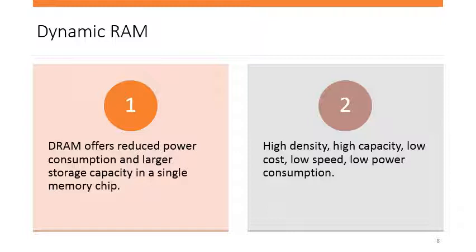With high capacity, low cost, low speed, and low power consumption, basically we are preferring the dynamic RAM. So in all those scenarios in which we require high density, high capacity, with minimal cost, low speed, and low power consumption, we are preferring the dynamic RAM.